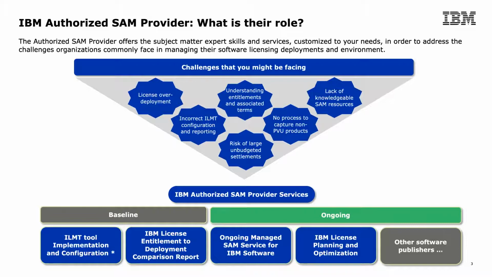And if you look below that, what IBM engages is a SAM provider partner, of which there are 4 worldwide, and we don't intend to widen the net around that at this moment in time. Then you will look at the gray section, which is baseline, and you have one which is the ongoing piece. So you establish the baseline, and then how you optimize, manage, and run is the ongoing phase.